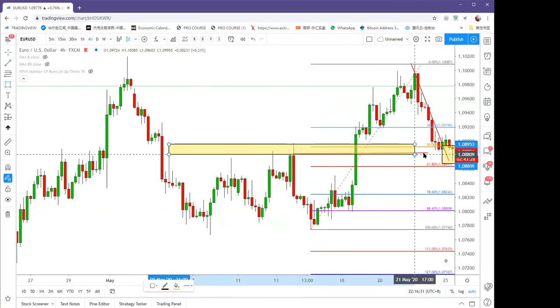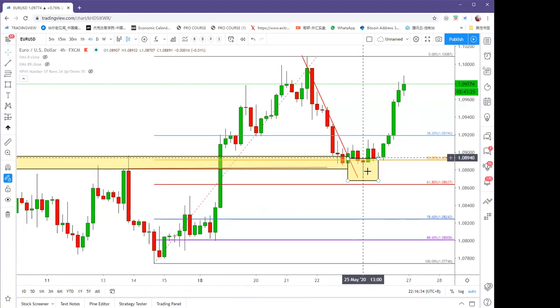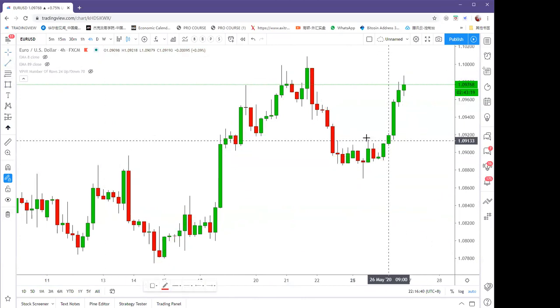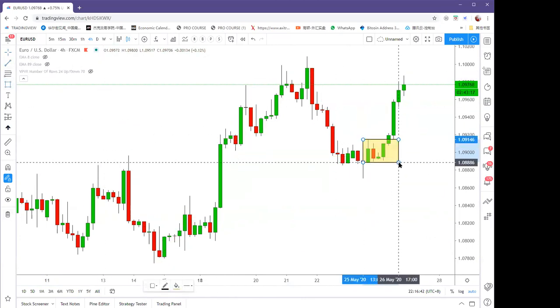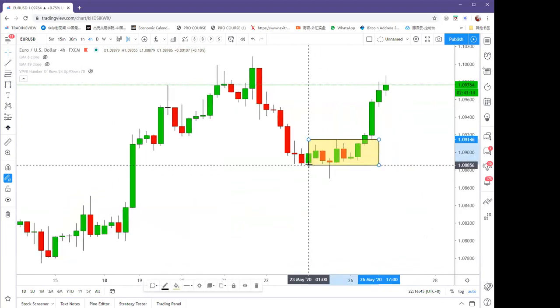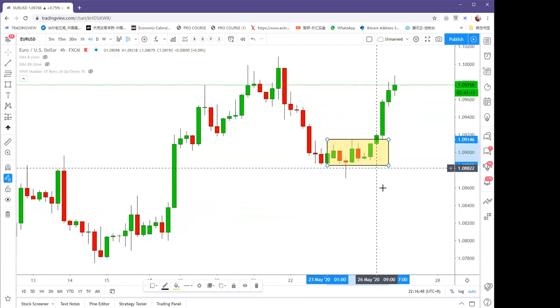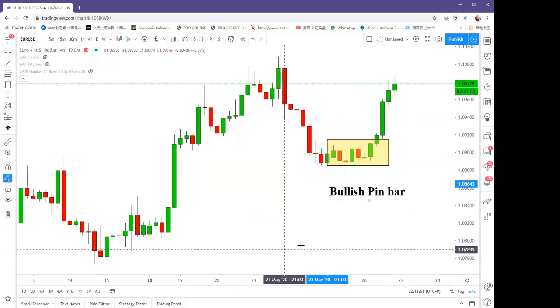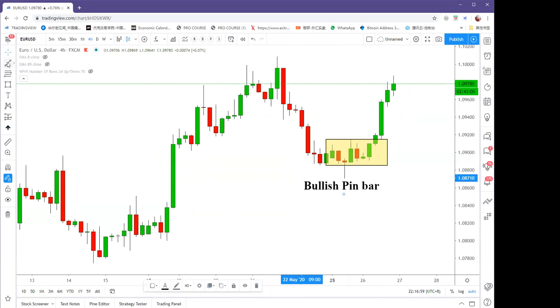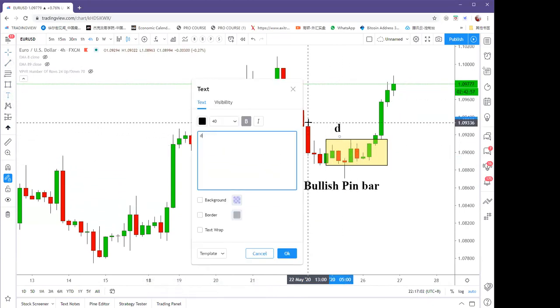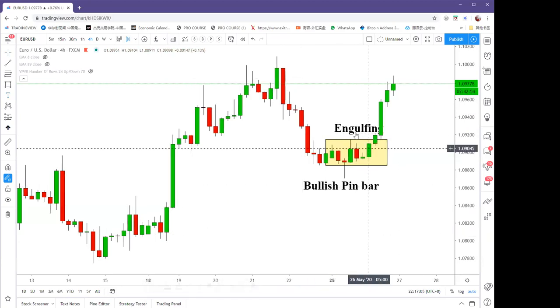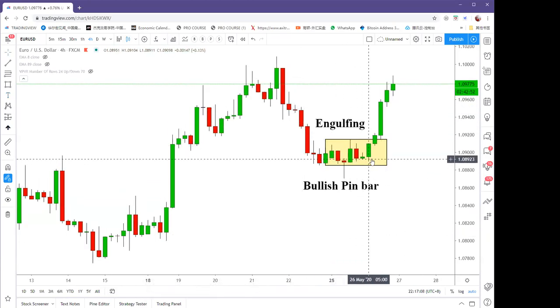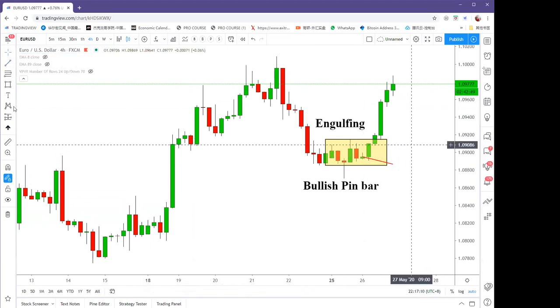We can identify this structure here, right? And it forms a pin bar followed by an engulfing candle, and that's the place you should kick in your trade. It also shows an inside bar. I want you guys to memorize this example, because let me just count for you. A bullish pin bar, this is 1, and then this is an engulfing candle, and here 1, 2, 3, this is actually an inside bar.